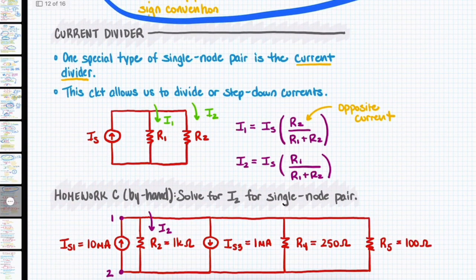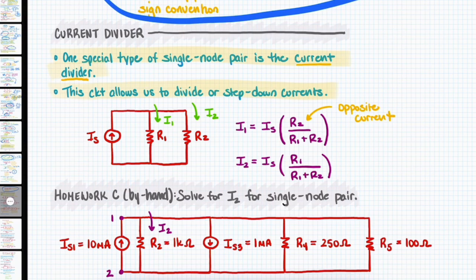And it looks like this. So again, one special type of single node pair is the current divider. This circuit allows us to divide or step down currents, in the same way that the voltage divider allowed us to step down voltages.